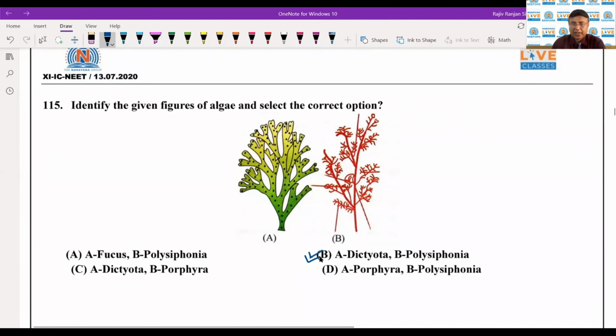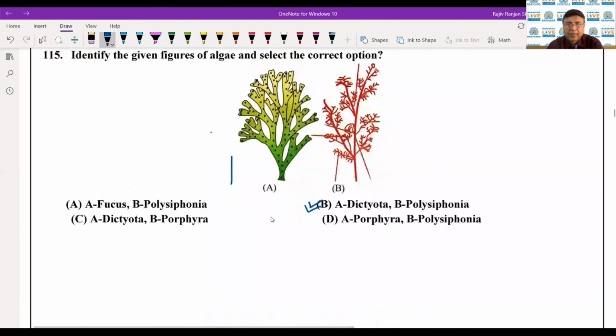And Polysiphonia. First of all, let's notice that the first alga has got a branched structure, and it is the frond.